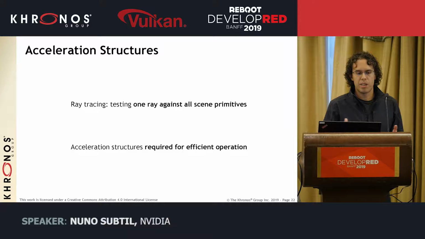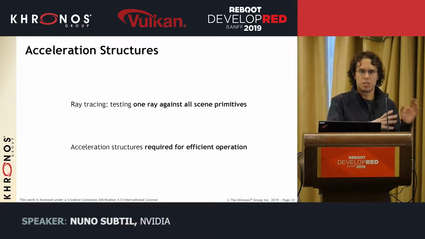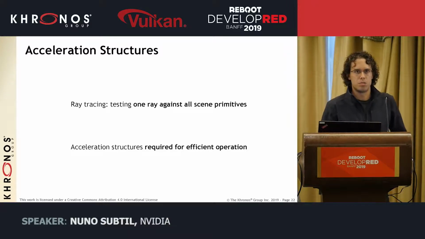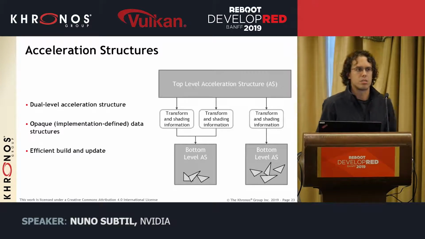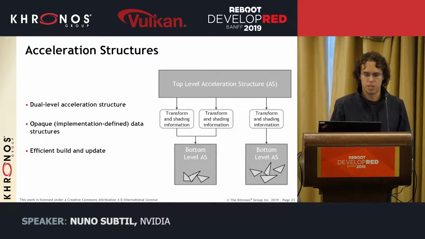So if you have 10 objects, you can compute 1 bounding box per object. You could imagine just intersecting with the bounding box first. If that doesn't intersect, then you know that it cannot intersect with any of the primitives inside that bounding box, so you can cull them immediately, right? That's the concept behind an acceleration structure. And acceleration structures are required for efficient operation. And because of this, we're adding acceleration structures to the API for ray tracing.